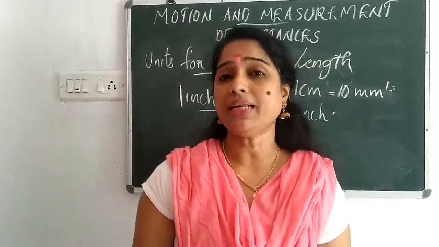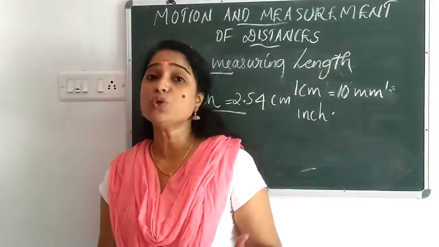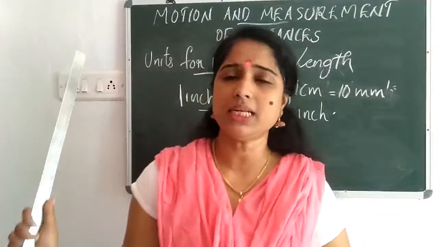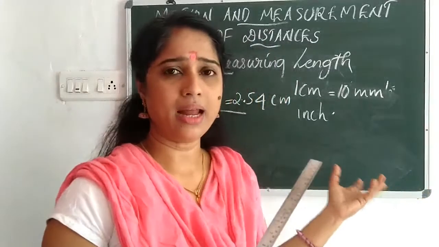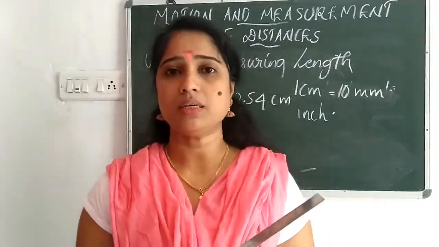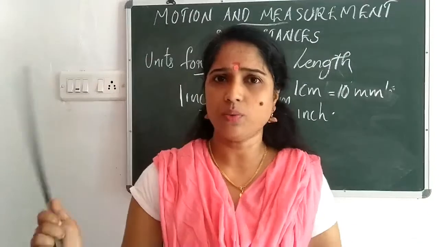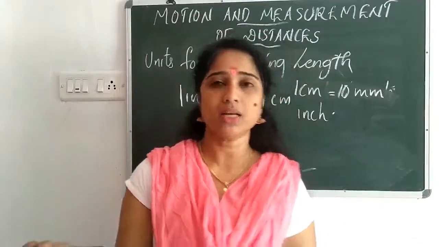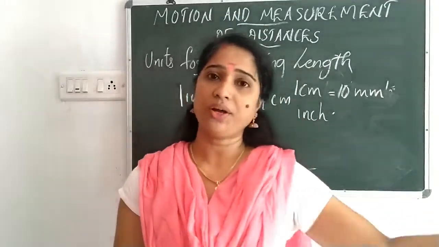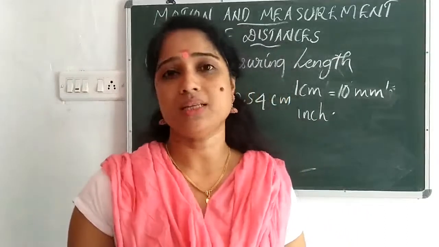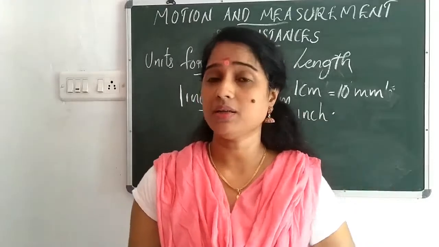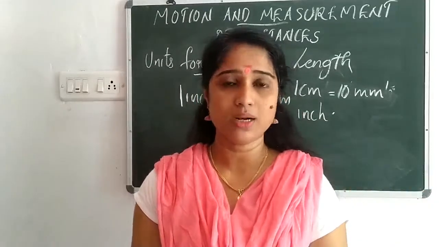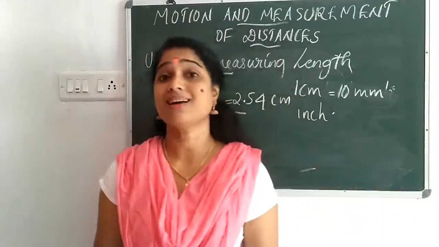This millimeter and centimeter are often used for calculating the smaller distances. If the teacher asks you to draw a line of length 2 centimeter, or a square, what is a square? Yes, 4 sides are equal. So if the teacher asks you to draw a square of length 4 centimeter, then 4 sides are 4 centimeter. In a triangle, 2 sides are sometimes equal, and sometimes 3 sides are equal.